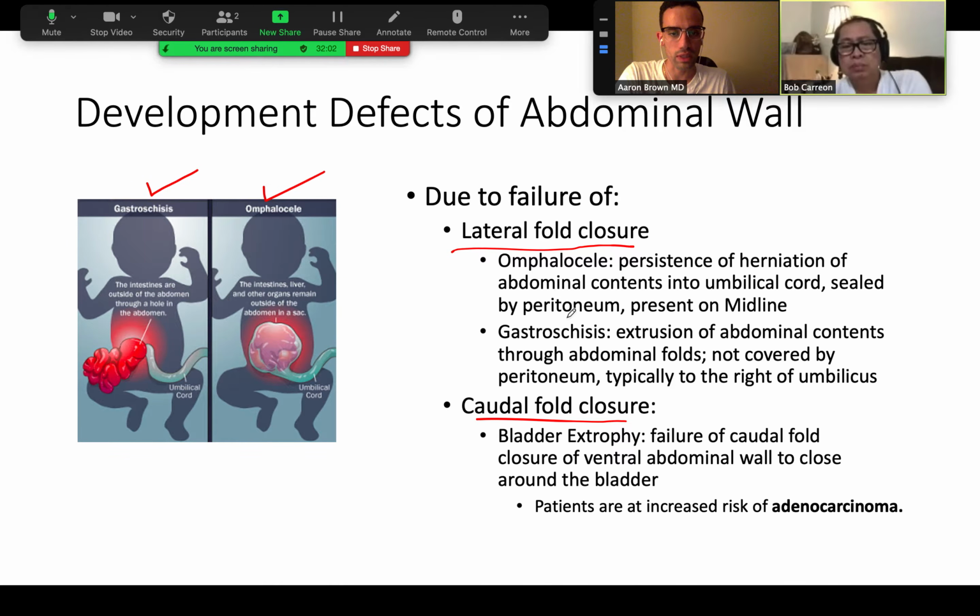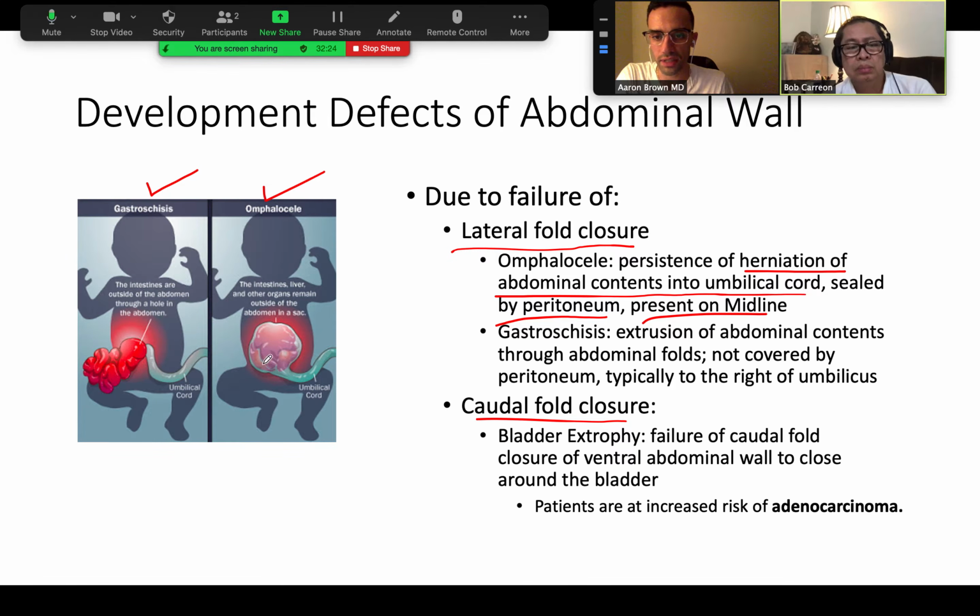The big difference between these two is whether or not there is a layer of protective peritoneum on the outside of the emerging intestines. With the omphalocele, you'll see herniation of abdominal contents into the umbilical cord, sealed by peritoneum, and because it's in the umbilical cord, it's present on the midline.